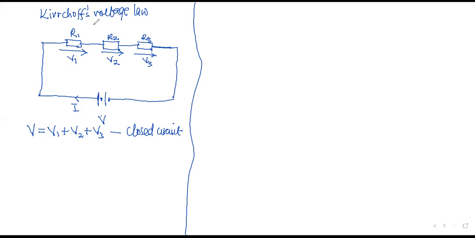If this is Kirchhoff's house, R1, this is R2, and R3 is Bella's house, if we have a closed circuit, if there is no leakage within the pipe, then the volume of water coming to your house plus the volume of water coming to the other houses must be equal to the source, the volume of water pumped from the source.